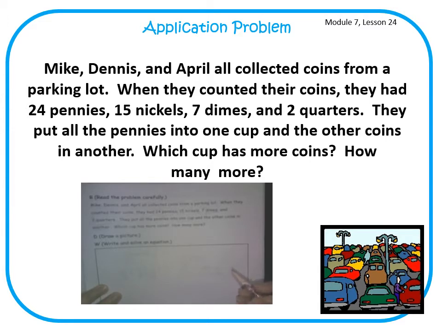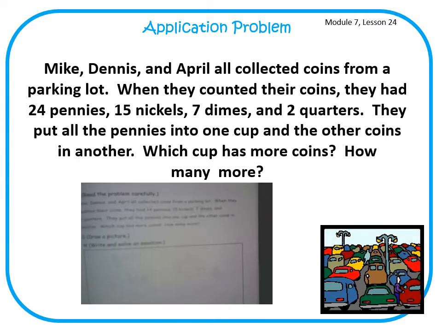So that means that they have the same number of coins? They have 24 altogether and 24? That's weird. But I did my math correctly. So which cup has more coins?